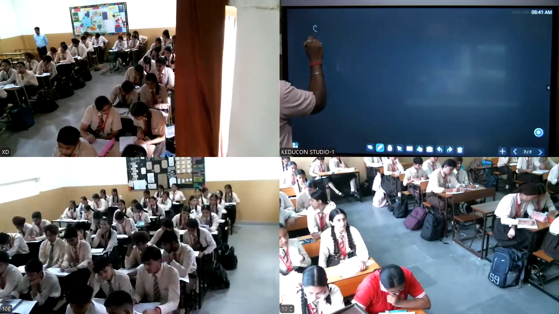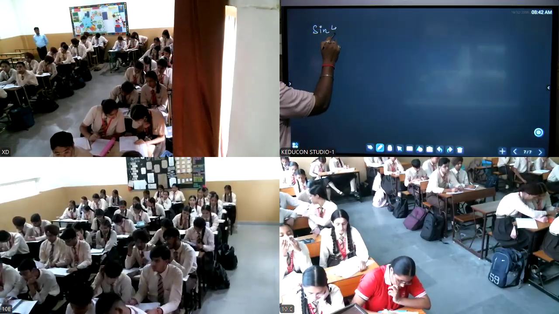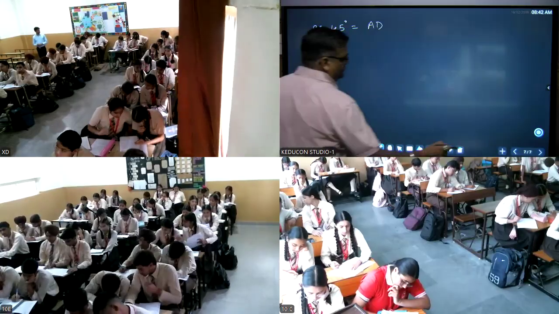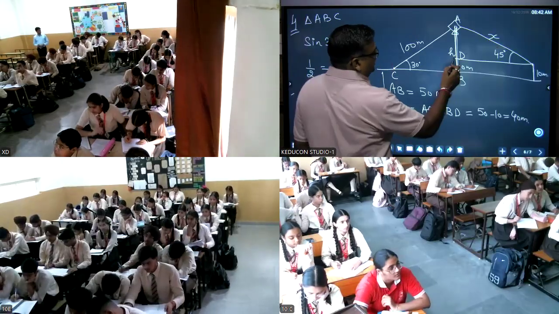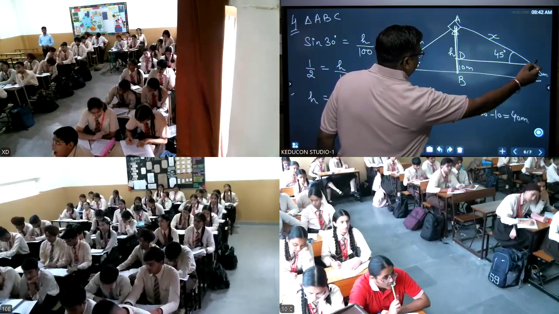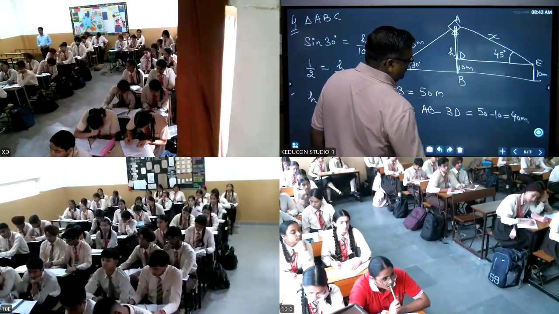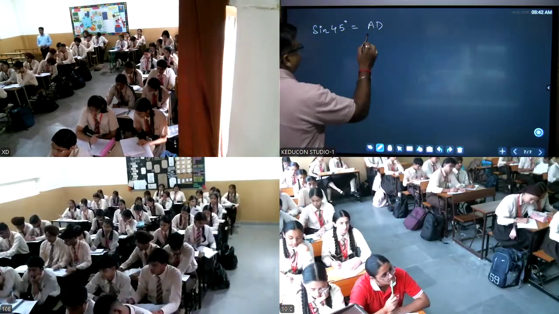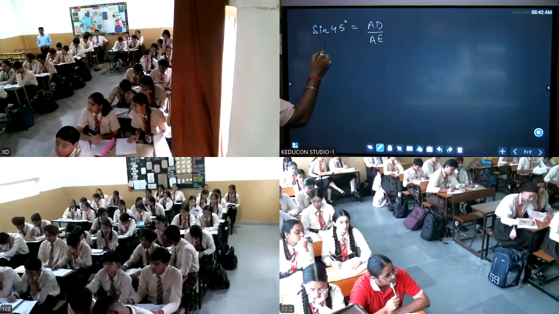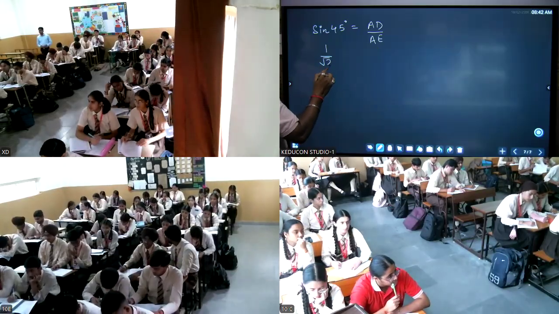So now sin 45 is equal to AD upon, let's take the point E, AE. The value of sin 45, बच्चों, is 1/√2.